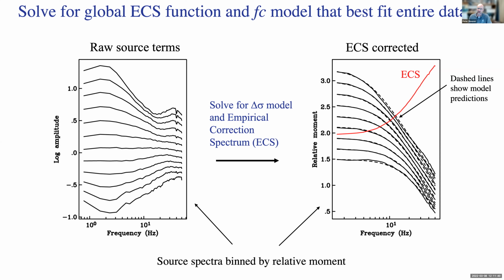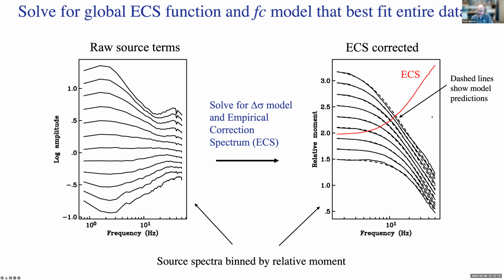But the idea here is then, because there was that ambiguity in the inversion, we solve for this correction spectrum we called the ECS. So that's that red curve, and you subtract it from all of these, and then you get the solid lines here, which now agree reasonably well with the dashed lines, which show you how the theoretical model predicts.